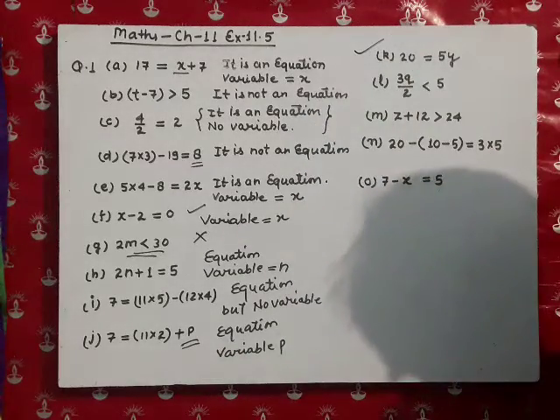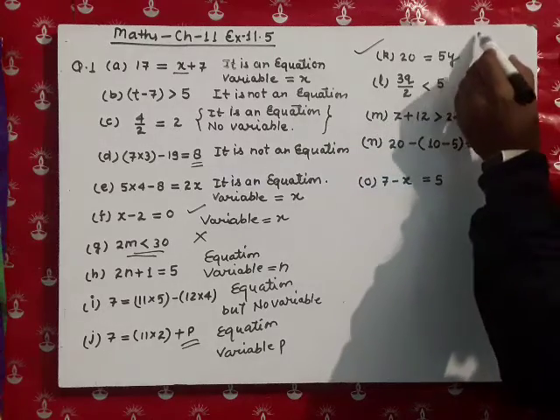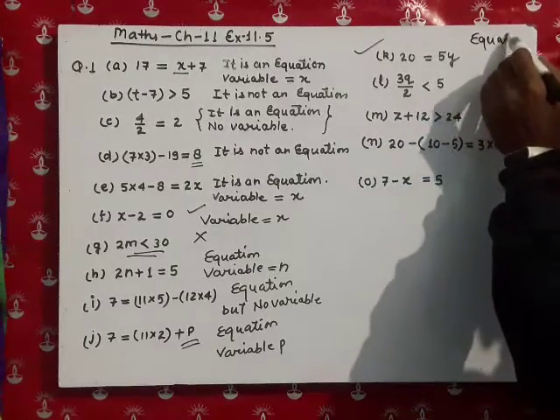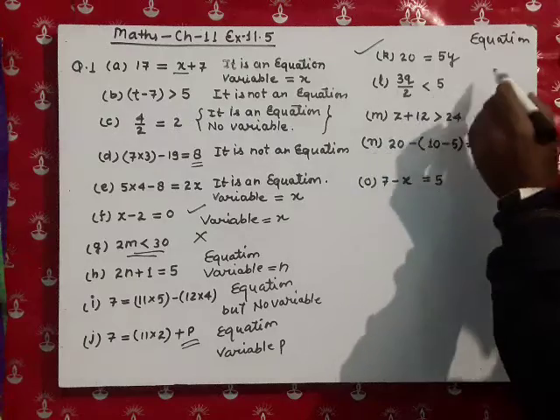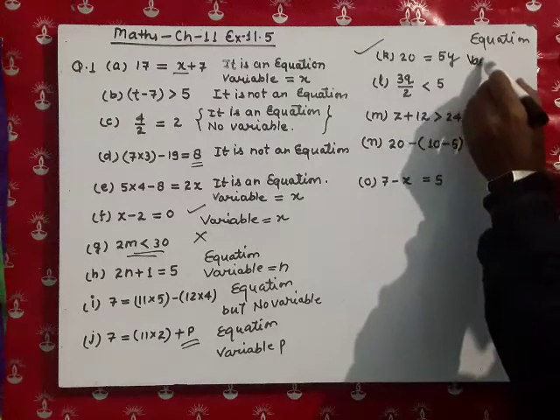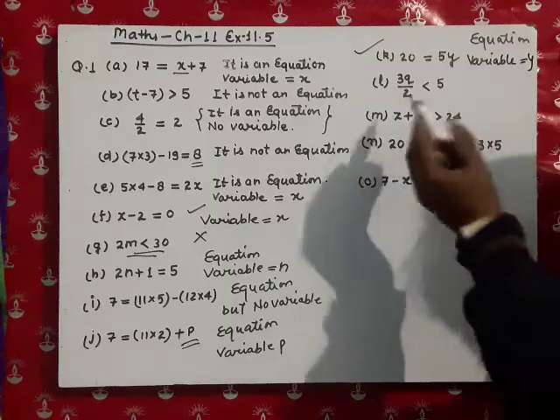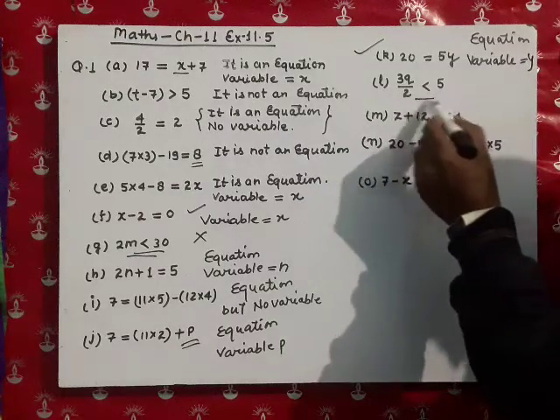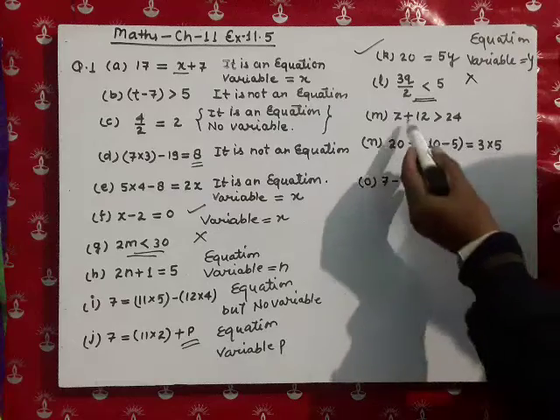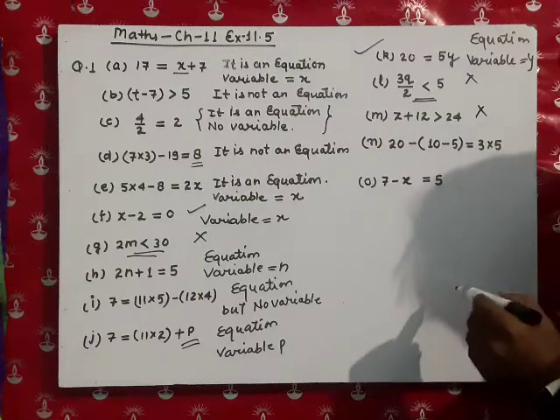In the K part, 20 is equal to 5y. So it is an equation, and the variable is y. Here no equal sign, so no equation. Here no equal sign, so no equation.